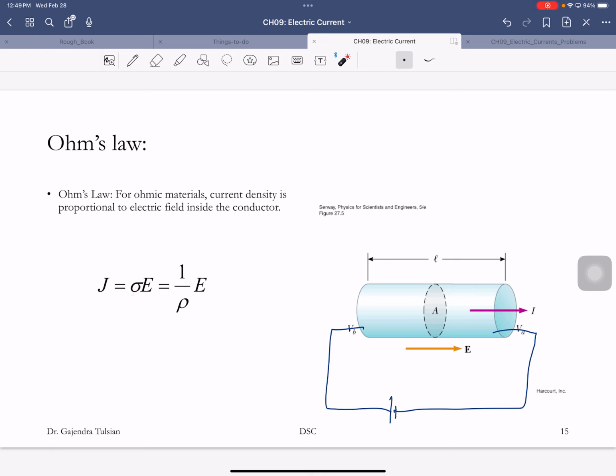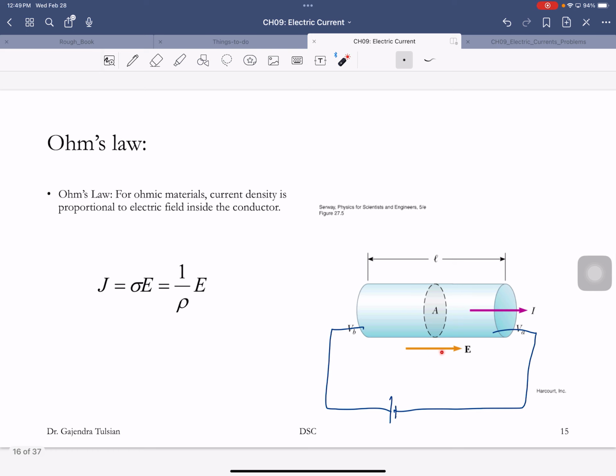So for instance, with the same electric field in silver versus, let's say, a piece of rubber, silver is a much better conductor, so the current density would be much higher. Rubber is a good insulator, so the current will almost be zero.